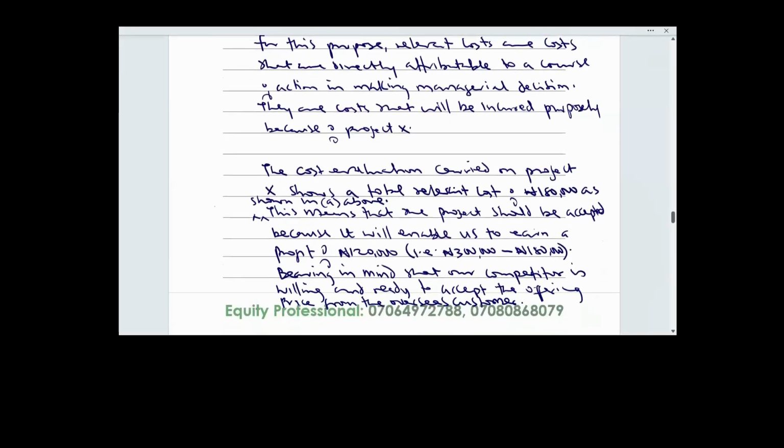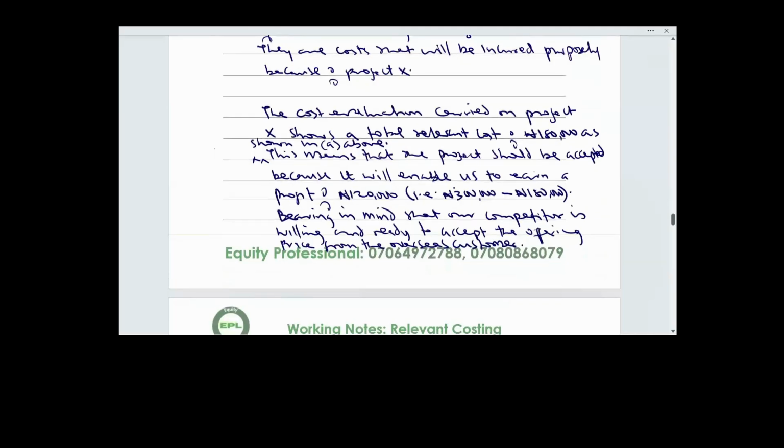Then in the third paragraph, this is where we make our advice that the company should accept the contract at 300,000 naira, because it will enable the company to earn additional profit of 120,000 naira, and that if the company does not accept it, our competitor is willing and ready to accept the contract at that price.